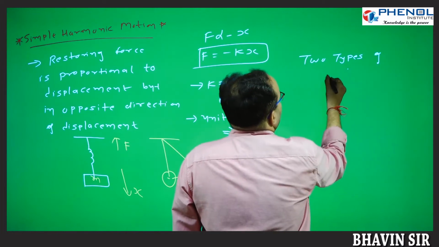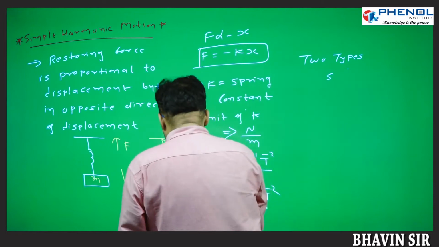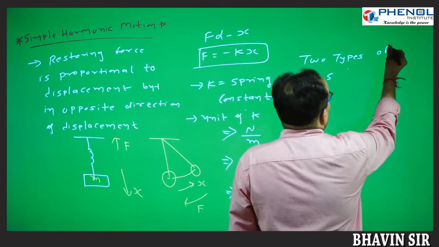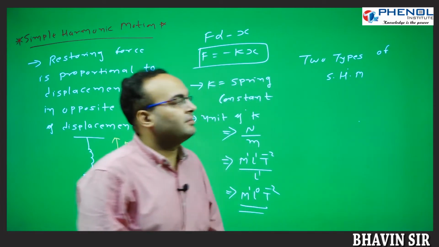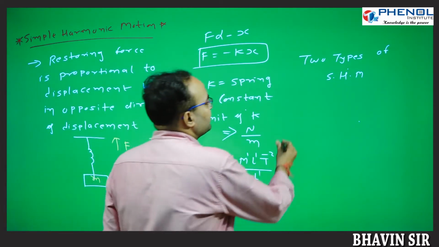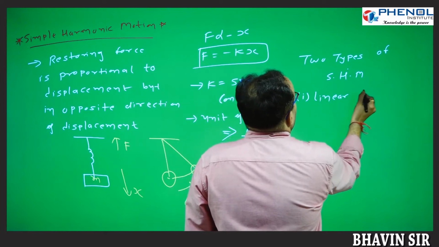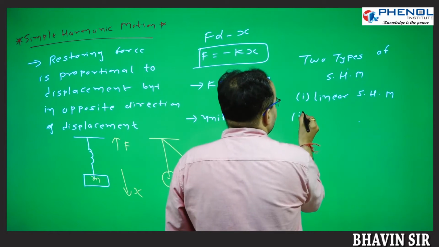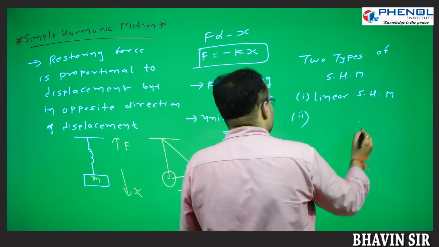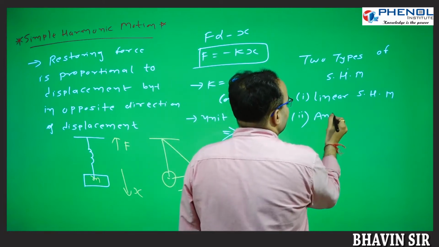Two types of SHM means two types of simple harmonic motion. First is linear SHM and the second is angular SHM.